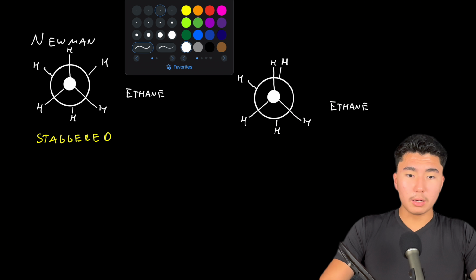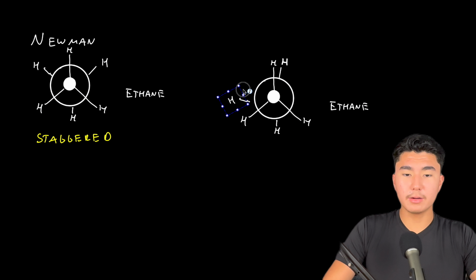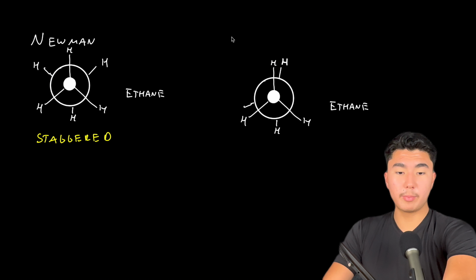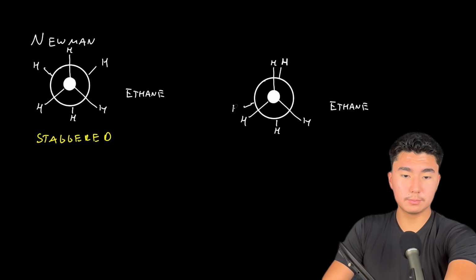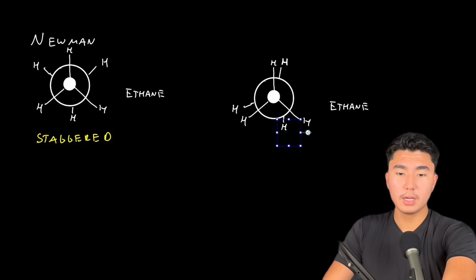And I'm going to do the same exact thing for the other ones. So this guy over here is going to be closest to this hydrogen over here. And this hydrogen will do the exact same thing. Let's twist that a little, and we're going to have that.